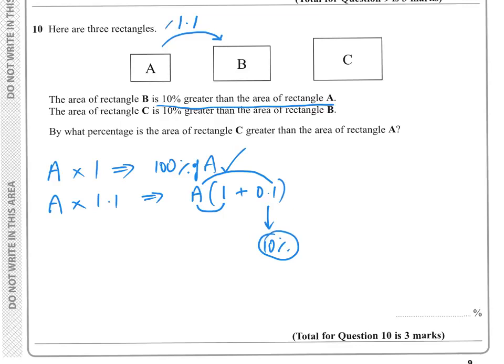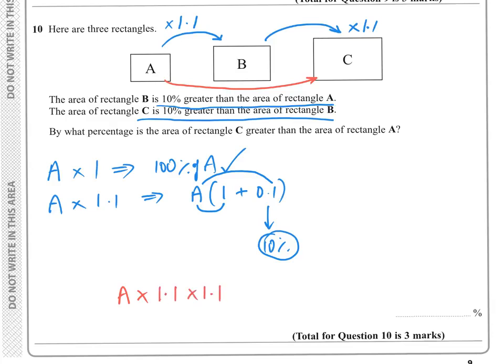So the multiplier is timesing by 1.1, and then the area of rectangle C is 10% greater than the area of rectangle B. So it looks as though whatever B was, we've got to times that by 1.1 again to add 10% on from what B was. So to get from A to C, we've just got to times by 1.1 and then 1.1 again to get to C. So 1.1 times 1.1, well, 11 times 11 is 121.